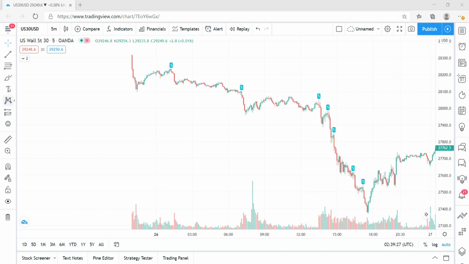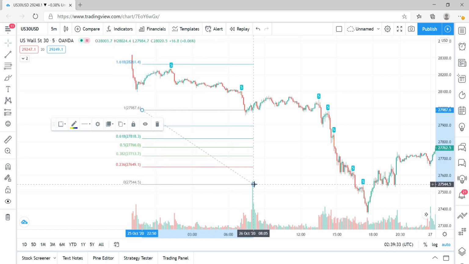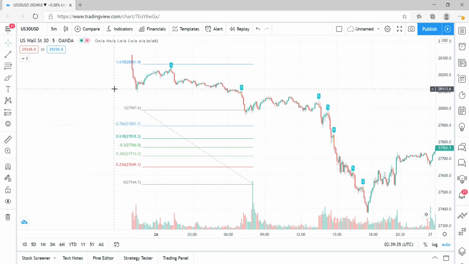Now, guys, when you're using Fibonacci, you have to understand, number one, you have to pick one level. Right here we have the 0.23, 0.38, the 0.5, the 0.618, and the 0.786.